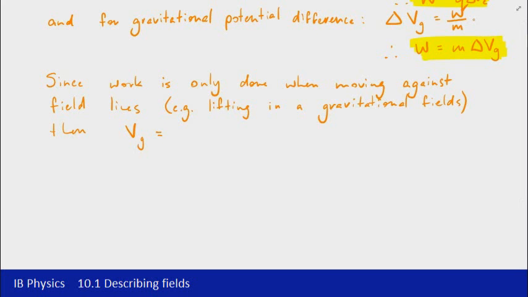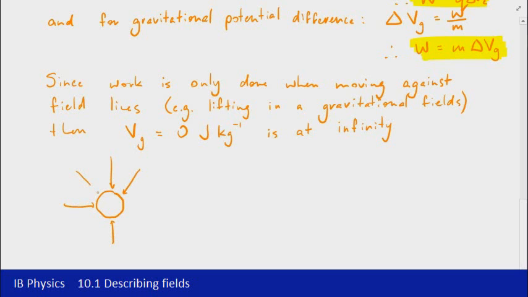For gravitational fields we just leave it as joules per kilogram. So that zero reference point of 0 joules per kilogram, that's going to be at infinity. So you need to get a very large distance away from a mass in order for the gravitational potential to be zero.